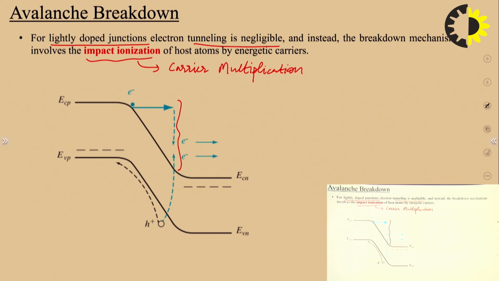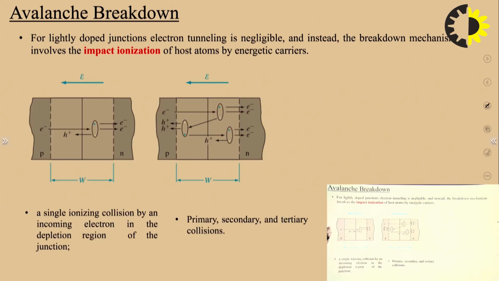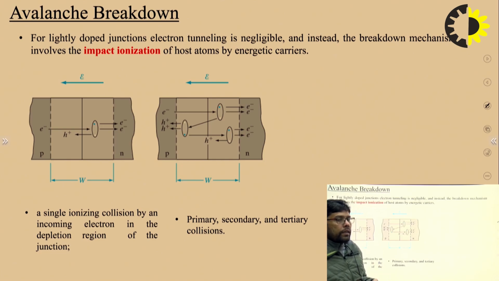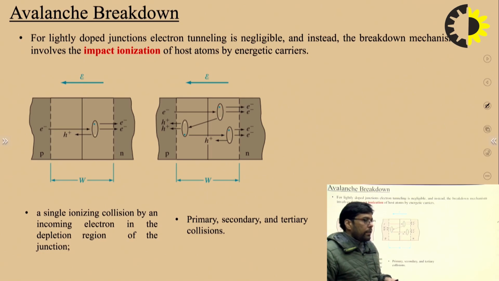What is carrier multiplication? As you can see here, when an electron moves from the p to the n side, it crosses the PN junction layer, that is the depletion layer. In the depletion layer we have immobile charge carriers, or ions. When an electron strikes an ion, it creates an ion and one extra electron as well.